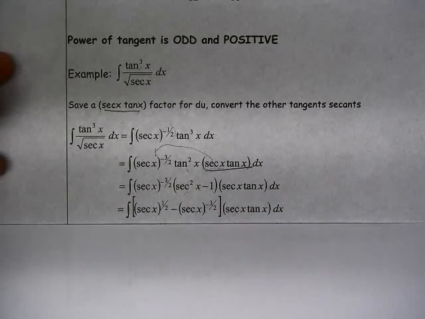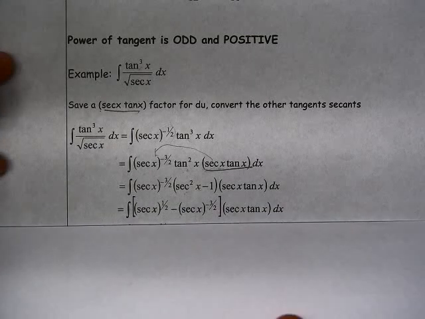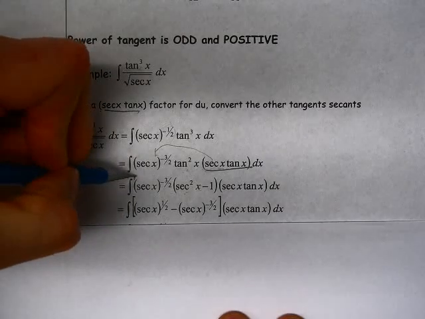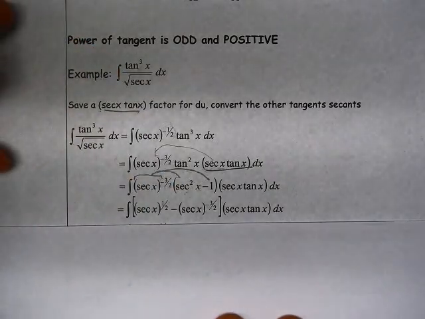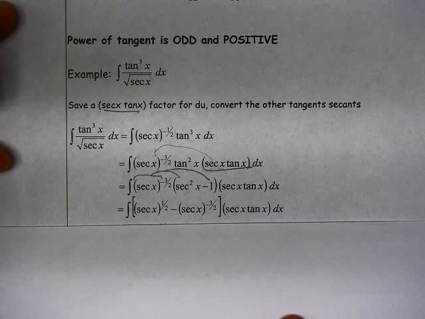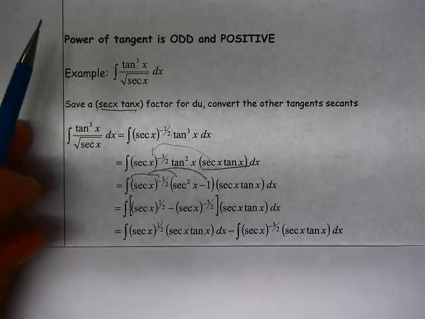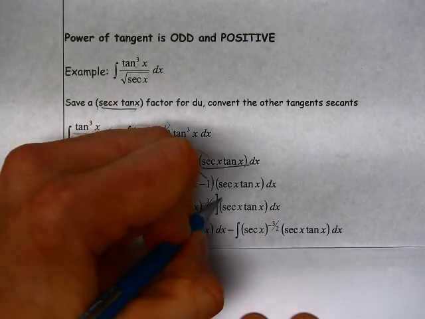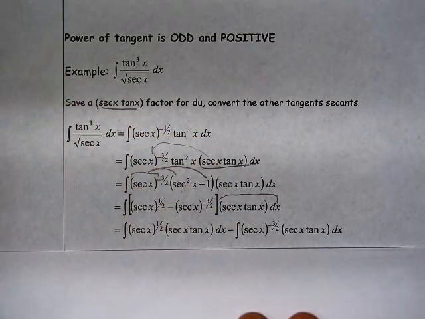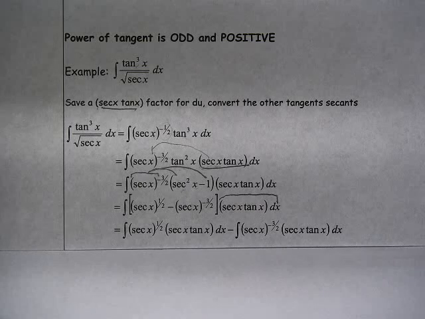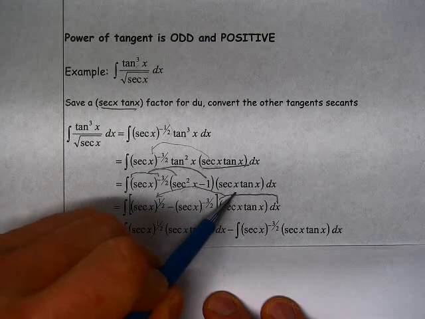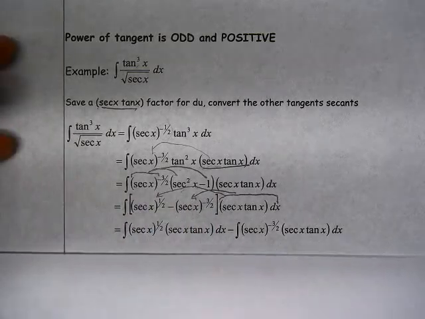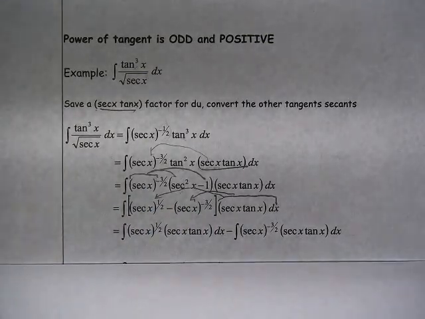Then I distribute the secant to the negative 3/2 here and here. And then I'm going to take what is going to end up being my du, that secant x tangent x dx. I can distribute that here and here, and I end up with two integrals.